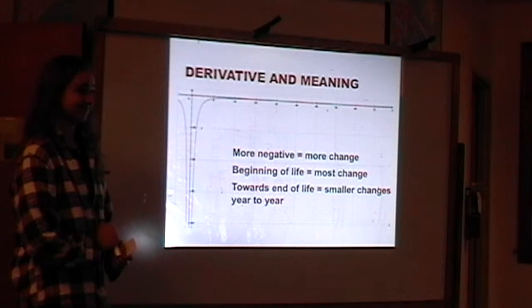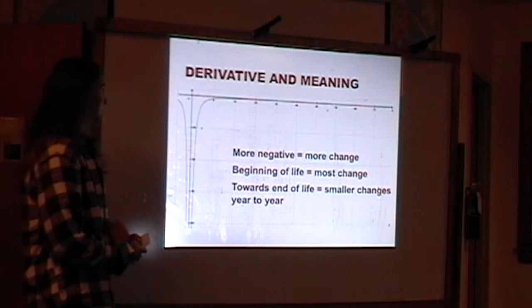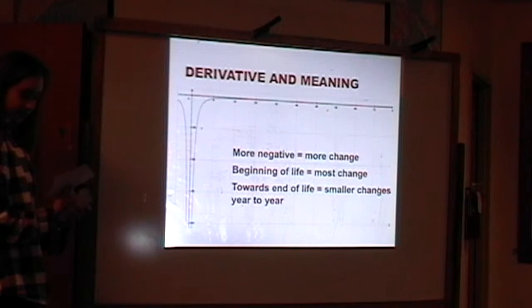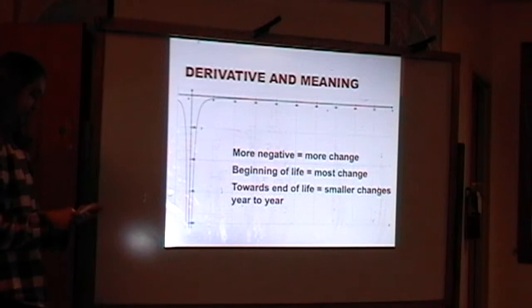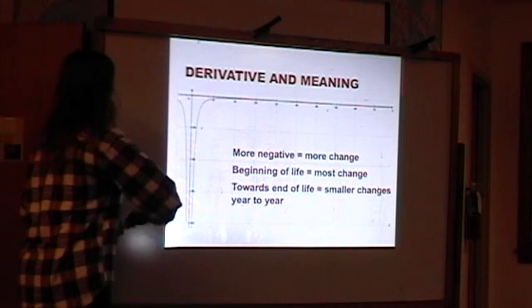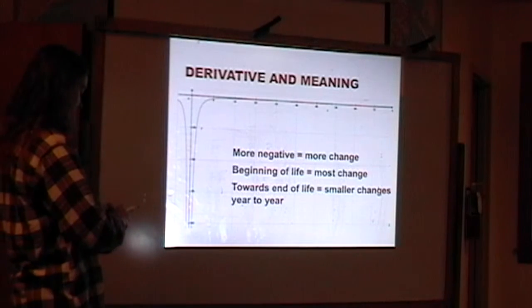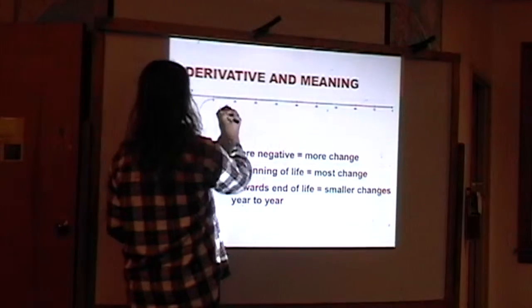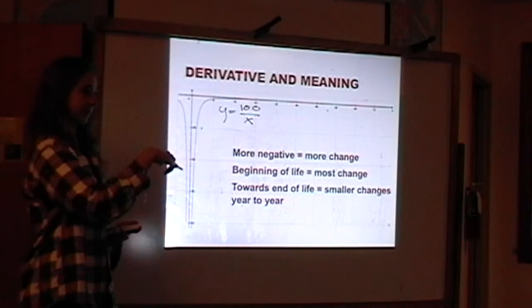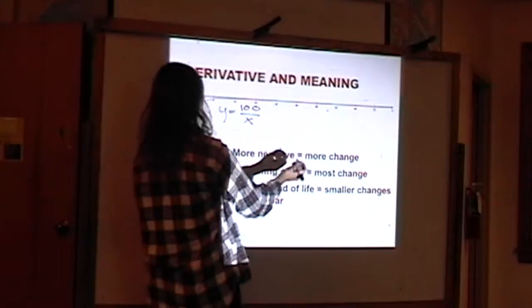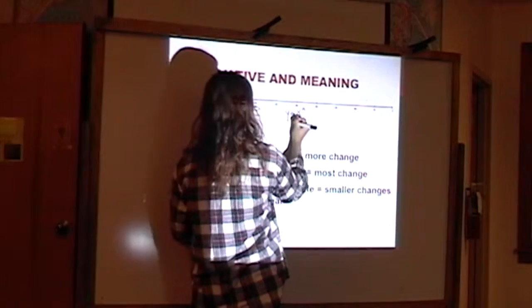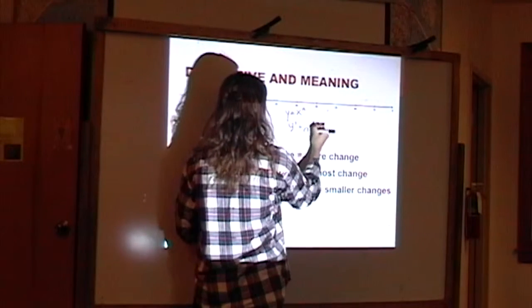How'd you find the derivative? Well, that was a complicated process. So let me see if I have it. I'm probably gonna get it wrong again. But yes, here we go. What you have to do to find the derivative of it's a rational function. So you have y equals 100 over x, and that doesn't have any powers to bring down. So you change it to, there's a rule, this is the power rule, y prime equals n x to the n minus 1.